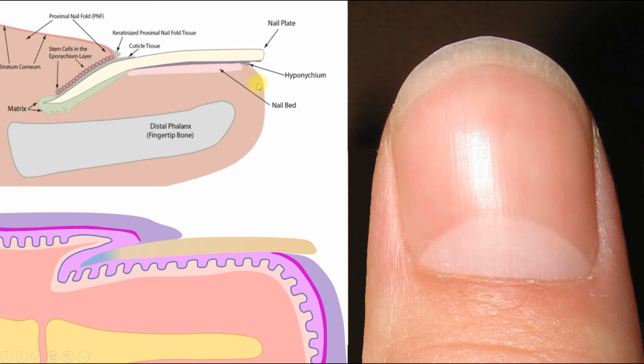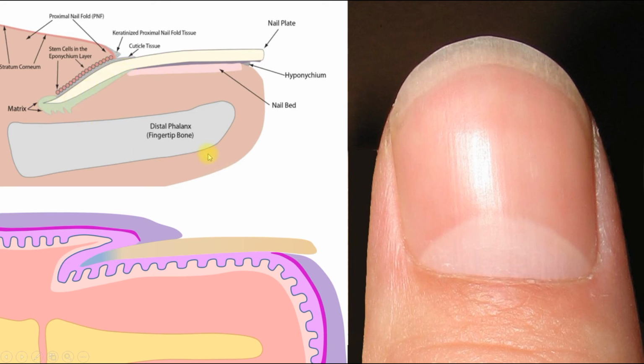So here we can see the hyponychium, the place of attachment of the nail to the skin of the finger, its nail plate, its eponychium, a skin fold which covers the root of the nail, and its nail matrix, located here, the place where cells undergo divisions.